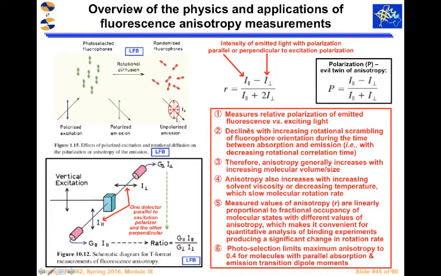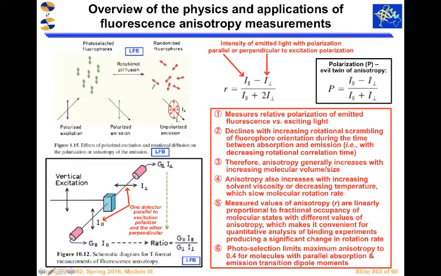Okay, so anisotropy declines with increasing rotational scrambling of fluorophore orientation during the time between absorption and emission, right? More rotation between absorption and emission, more scrambling or loss of polarization. This is foreshadowing a point of nomenclature, a technical point. The anisotropy declines with decreasing rotational correlation time.